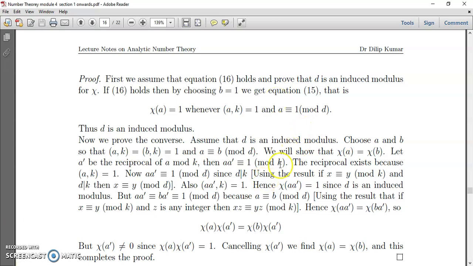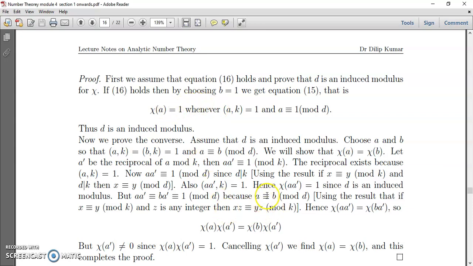Now we also know that GCD of (a prime, k) is also 1, because GCD of (a, k) is 1. Thus we can apply that condition here: GCD of (a prime, k) is 1, and a a prime is equal to 1 mod d, it is also there.